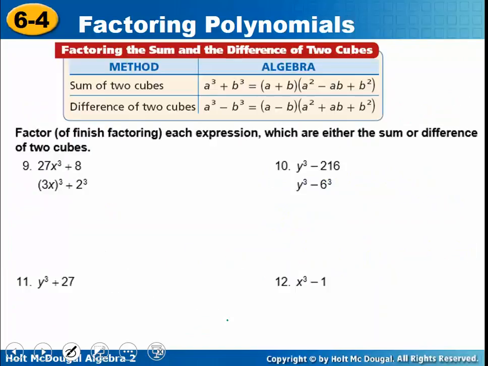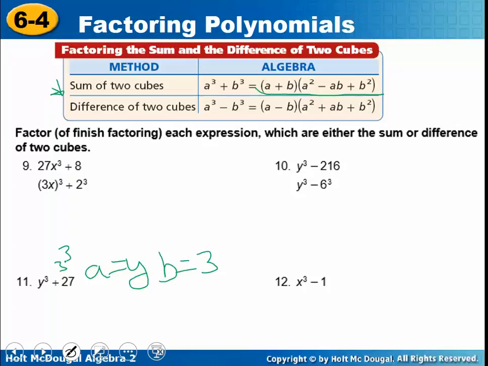All right, here are some of the problems from your worksheet. Let's look at number 11. This is the sum of 2 cubes, so we're going to use this rule, and a will be equal to y, and b will be equal to 3, because 27 can be rewritten as 3 cubed.